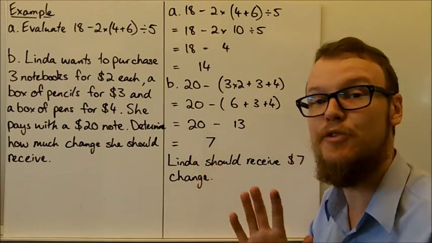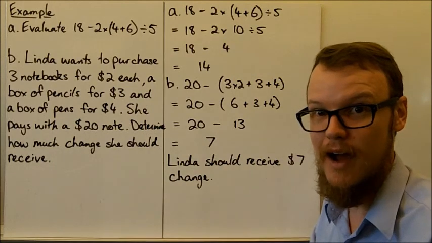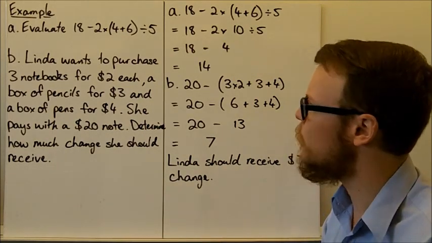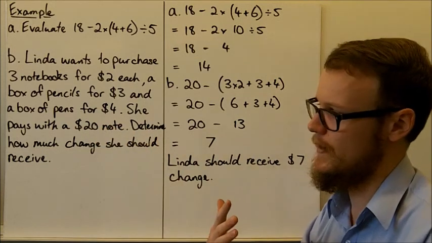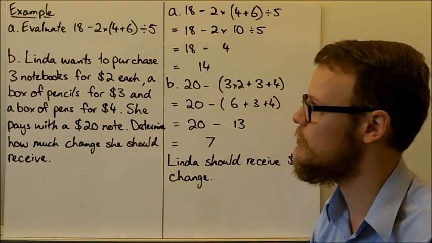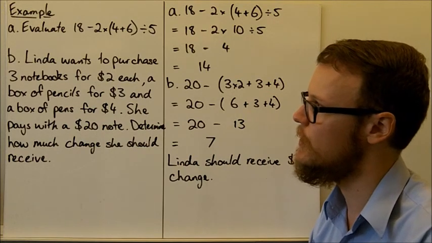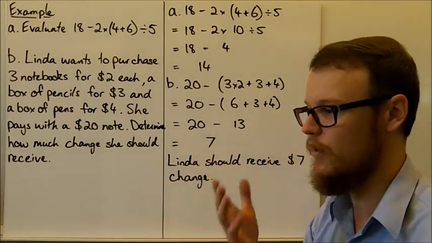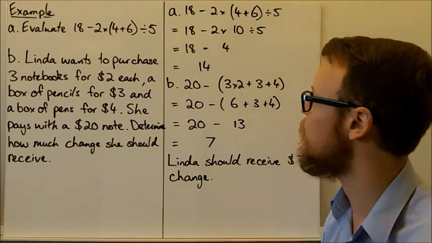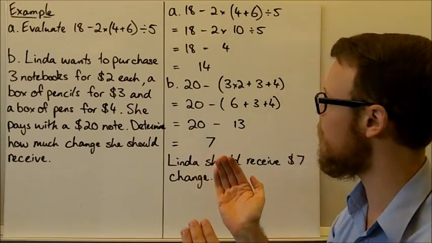Firstly, we need to write a mathematical expression for this problem, a number sentence. When we're at the cash register and the attendant is ringing up our order, we need to add up all of the things first before we then pay with the $20 note. So the thing we do first, we can put in brackets.